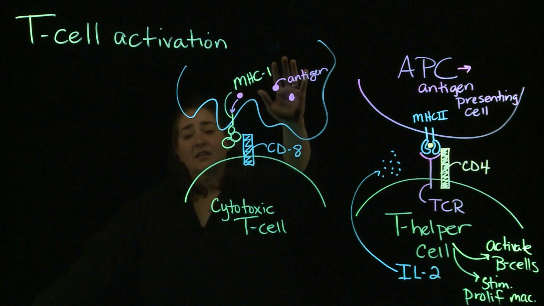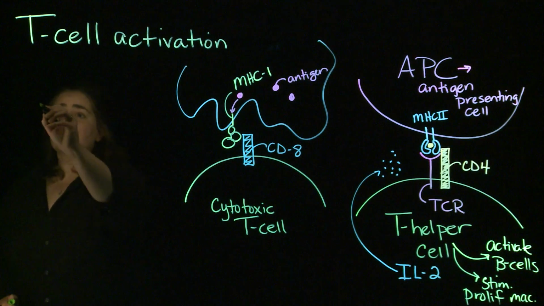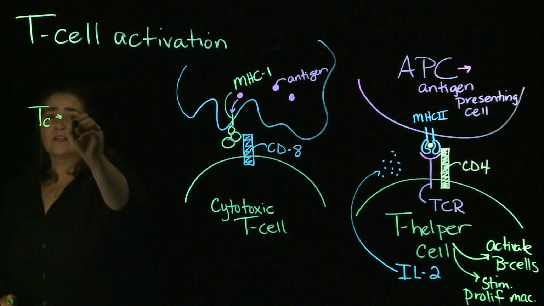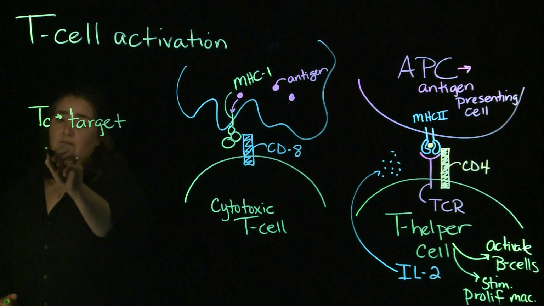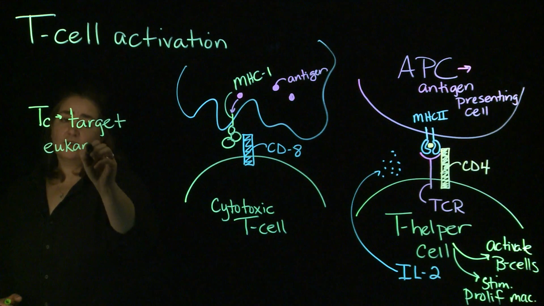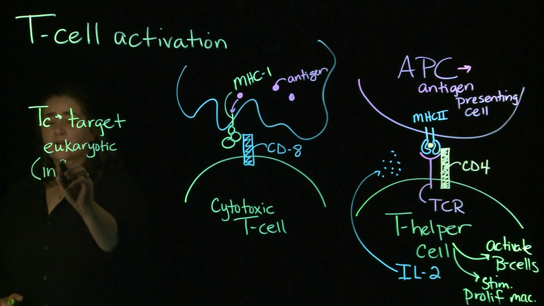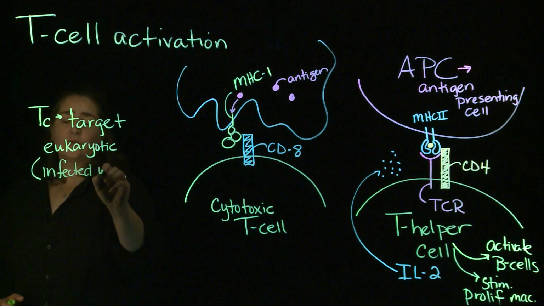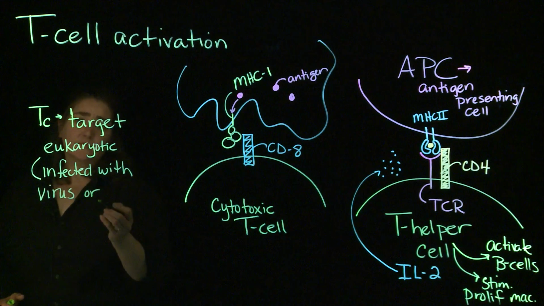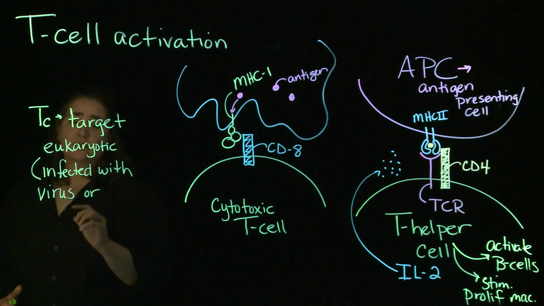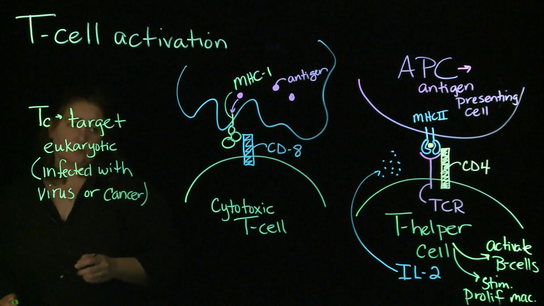Typically, cytotoxic T cells are going to target eukaryotic cells. These are going to be eukaryotic cells infected with virus, or eukaryotic cells that have become cancerous or are growing out of control.